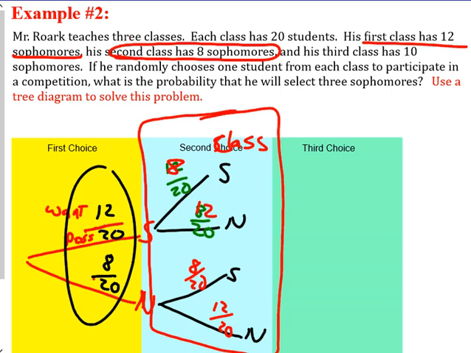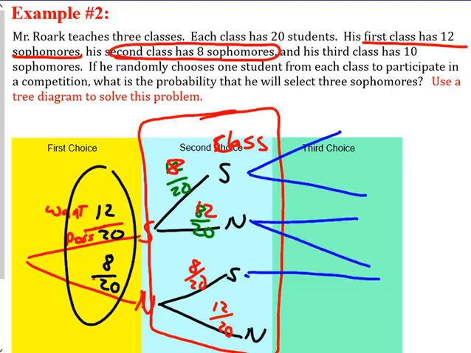And then last, we have to go to the third choice. Whoa, these get really big and nasty. Do you see why these are not super helpful on a complicated problem? Because you have to make a gigantic chart. But once you're done making the chart, it's actually extremely easy to get the right answers. All right.